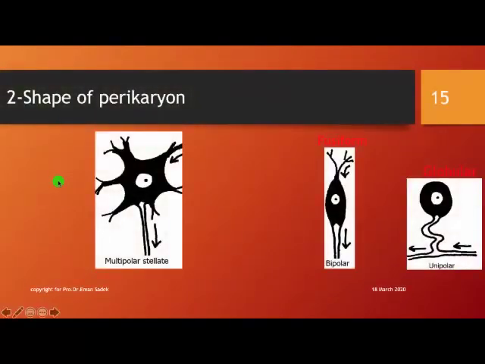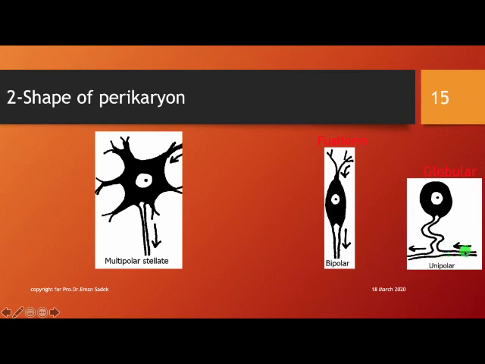Now, as regards the shape, first we have commented on the size, and then we will comment on the shape. As regards the shape, we have 3 main shapes. We have globular, we have fusiform, and we have multipolar. The globular is the cell which is more or less rounded, and it has one process, a T-shaped process.